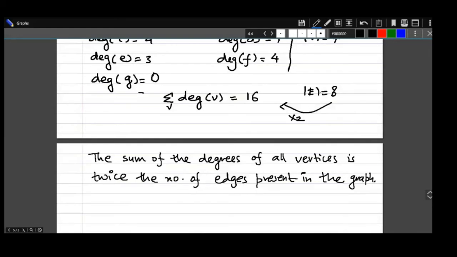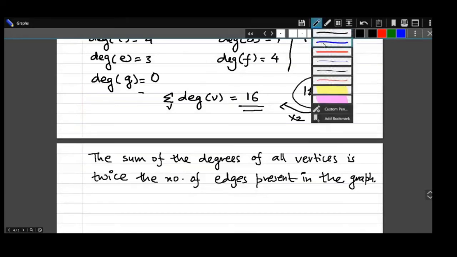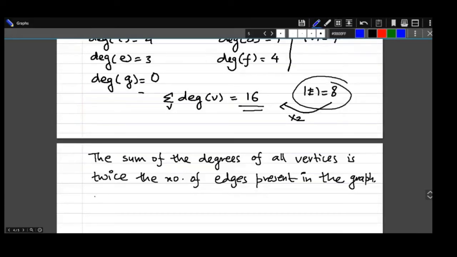Okay, so you have number of edges 8 and the total summation of the degree is 16, and this theorem is called the handshaking theorem. Okay, what is the handshaking theorem?